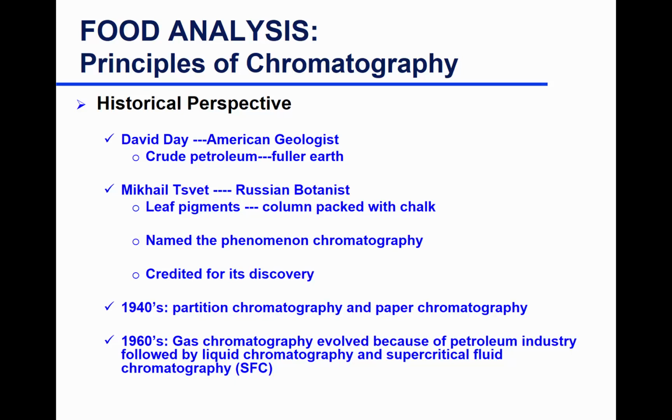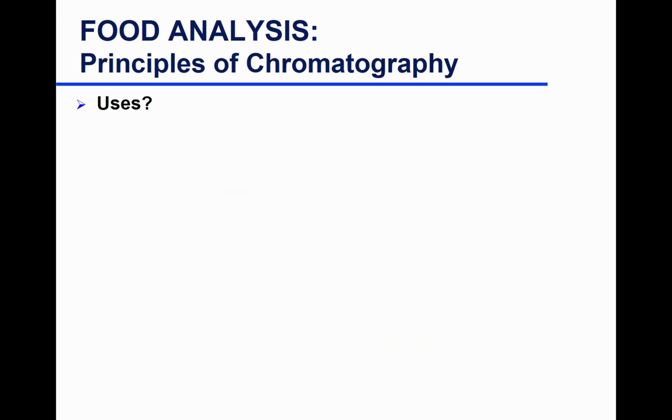The growth of gas chromatography was because of the petroleum industry. Followed in the late 60s, liquid chromatography became more and more known and used, and then followed by supercritical fluid chromatography. We'll talk about that as well. So this is just to give you a little bit of the history of chromatography.